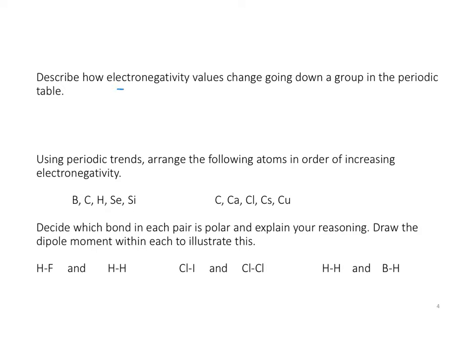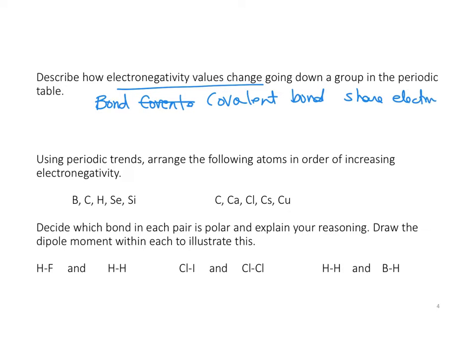Describe how electronegativity values change going down a group in the periodic table. Okay, so electronegativity is, whenever you have a bond, like a covalent bond, they share electrons. So two elements are sharing electrons, like carbon and oxygen.